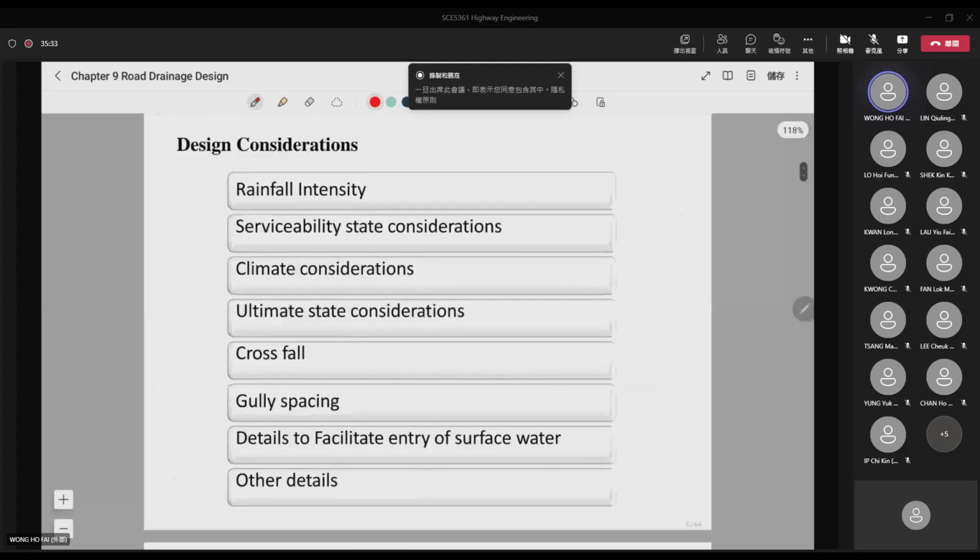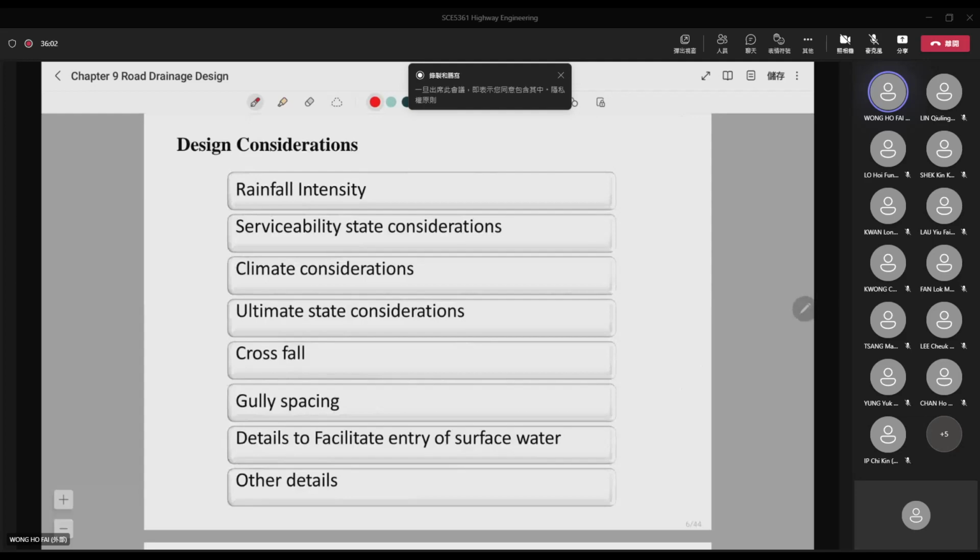So today we will mention the rainfall intensity, what kind of rainfall Hong Kong has. And then we will have the serviceability state consideration. And then we will also have the climate consideration. And then just like the concrete design, we also have the ultimate limit state, or we can call it the ultimate state consideration.